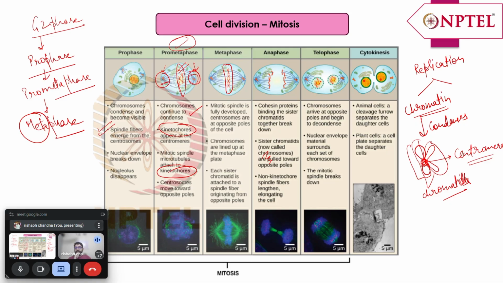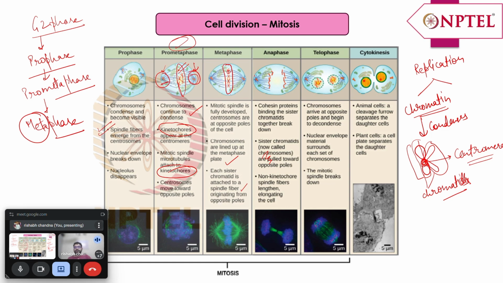From this centromere, the kinetochores are attached, and so they are lined up at the central plate, and each sister chromatid is attached to a spindle fiber. So these spindle fibers are attached to the kinetochores in the centromere of the chromosomes. The major attractions of metaphase are that they are arranged in a central plate, and the mitotic spindle is attached to the kinetochore, attaching to the centromere of the chromosomes.